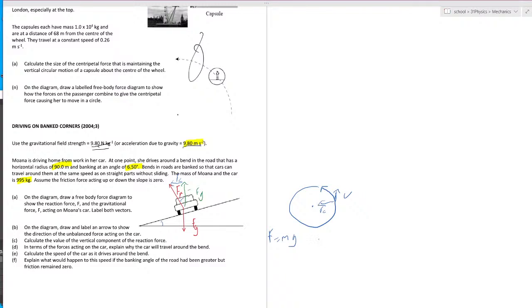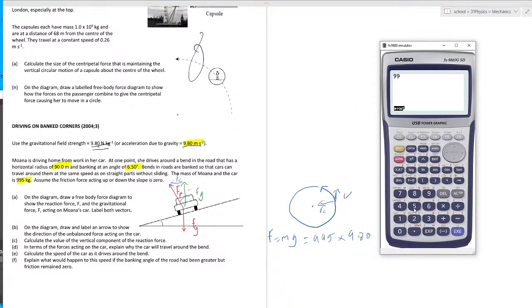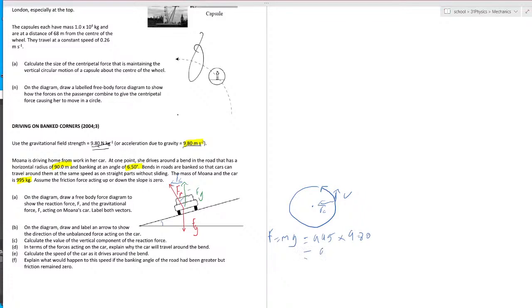We've got our mass, which is 995 times 9.8, in this case, usually 9.81. I don't have a calculator anywhere near me. Oh, I know, I've got this little calculator here. 995 times 9.8 is equal to 9751 newtons. And that will probably be an achieved point.